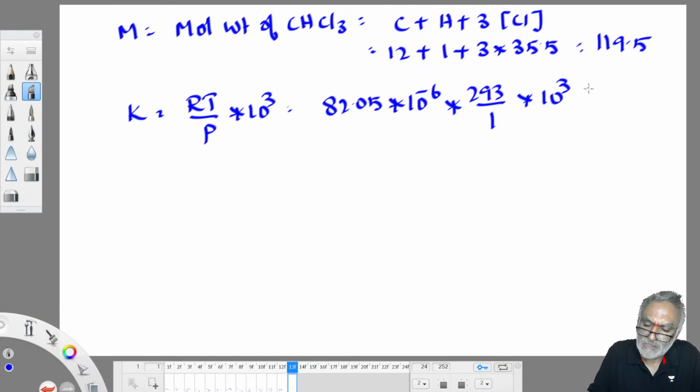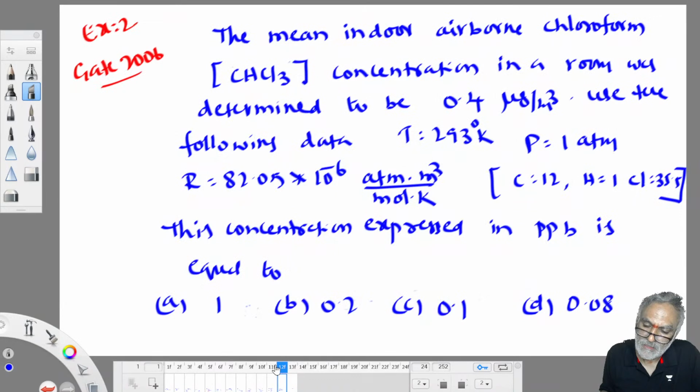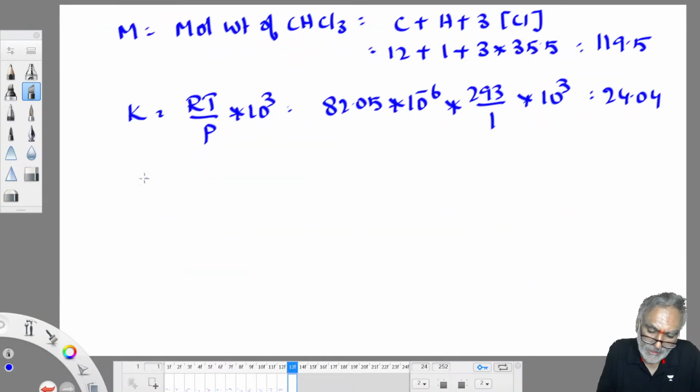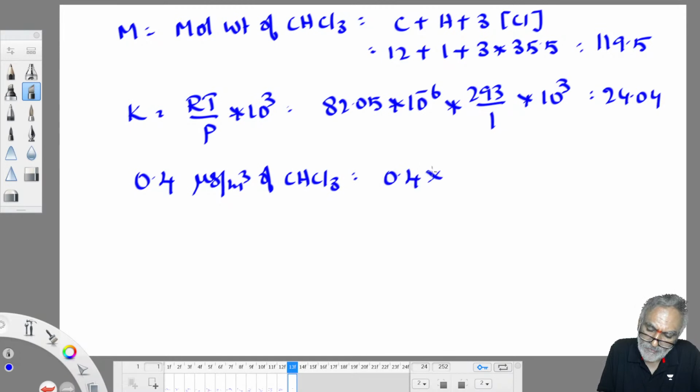It is 24.04. So K value we got this. What is given? 0.4 microgram per meter cube of CHCl3 is equivalent to 0.4 into K by M. How many ppb is asking?